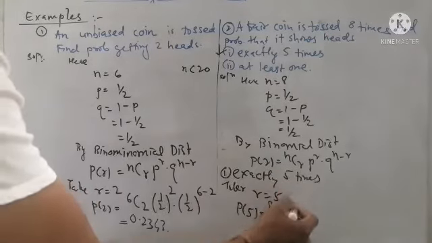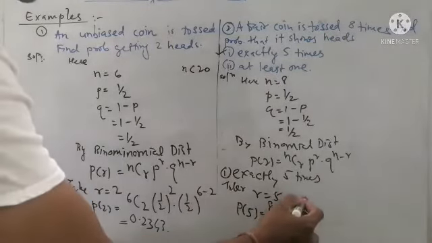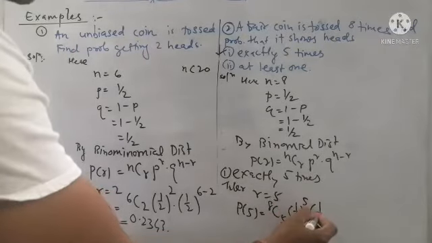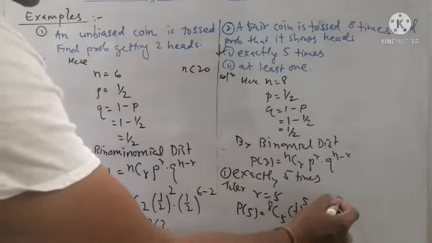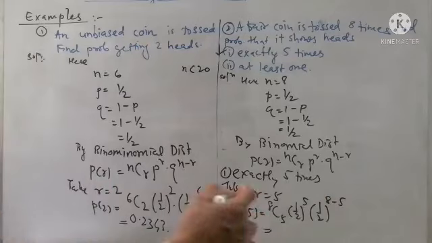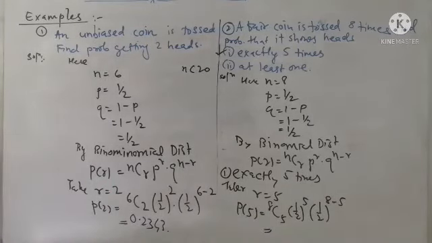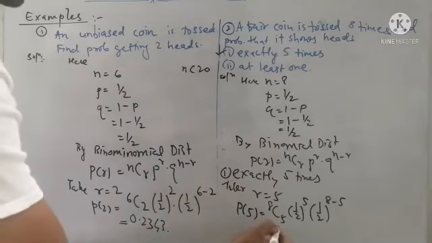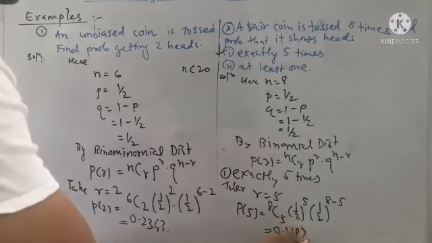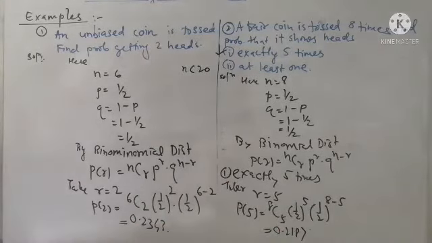Now p is half, so the second term will be half raised to 5, and as q is half, we get half raised to 8 minus 5. Again, using a calculator, we evaluate this as 0.2187. This is the probability of getting 5 successes out of 8 trials.